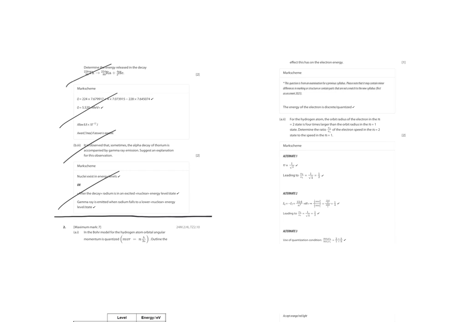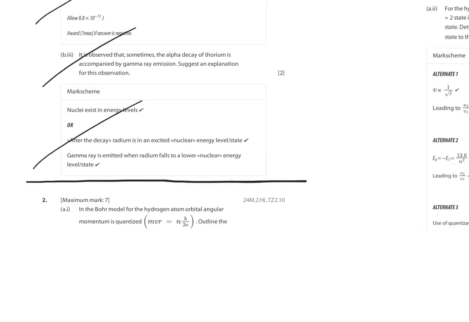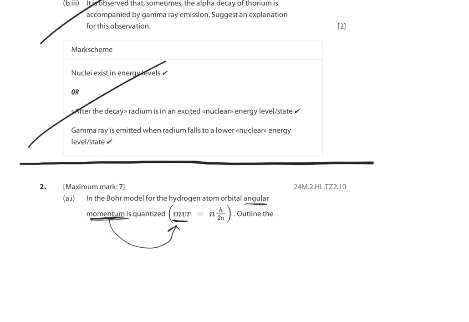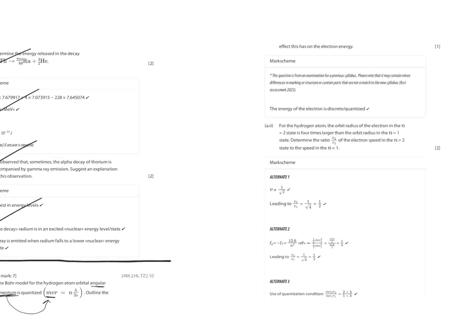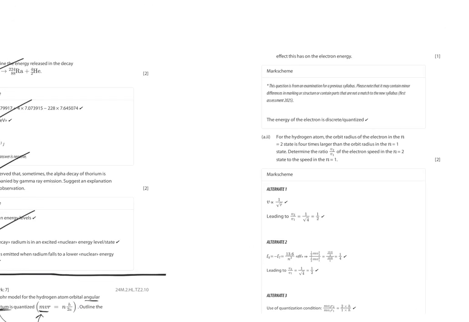It says, in the Bohr model for hydrogen, orbital angular momentum is quantized. So MVR, that's orbital angular momentum. And then it says, outline the effect this has on the electron energy.